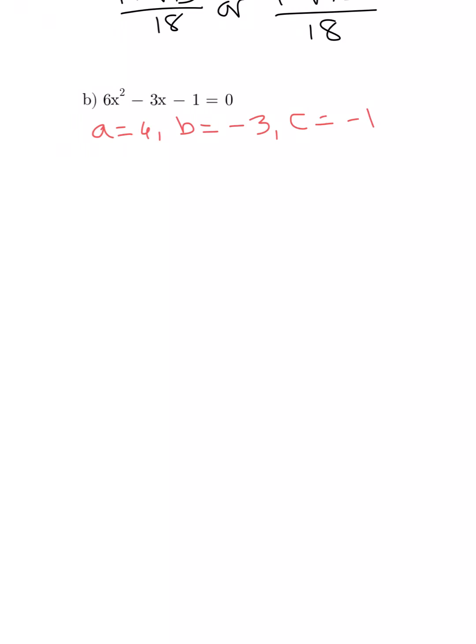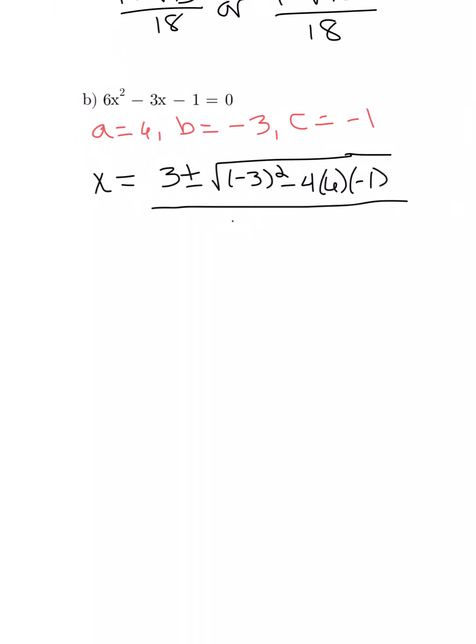Putting everything into the quadratic formula, we're going to say x equals, because that's our variable, opposite of our b will be +3, plus or minus the square root of b, which is -3 squared, minus 4 times our a is 6 times our c is -1. That's all inside the square root. And then that entire thing goes over 2 times our a, which is 6.